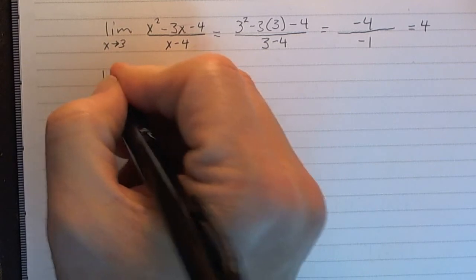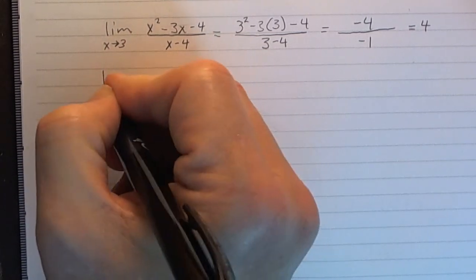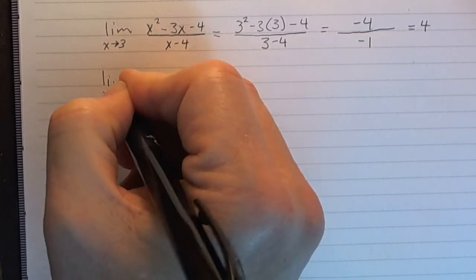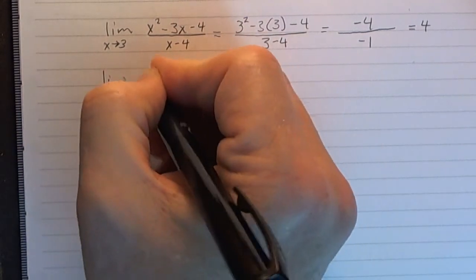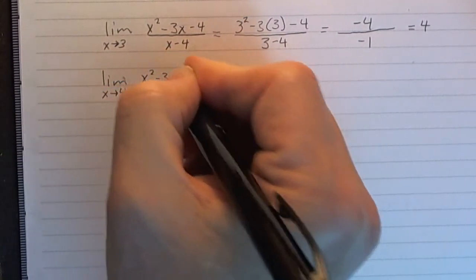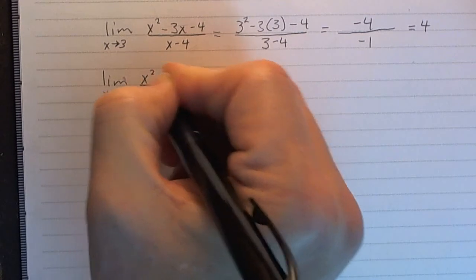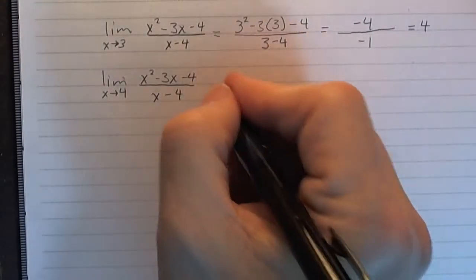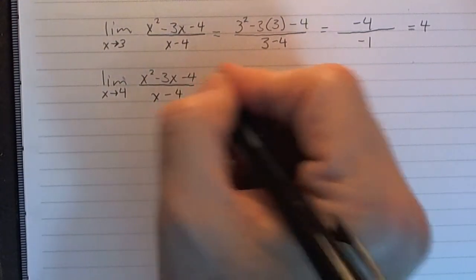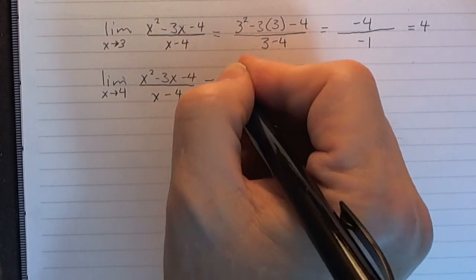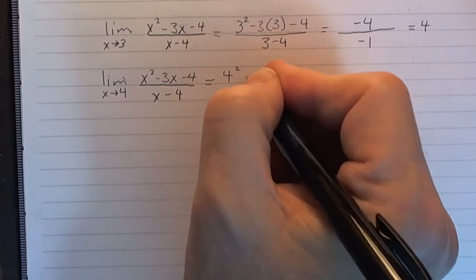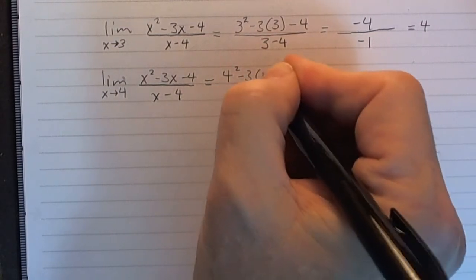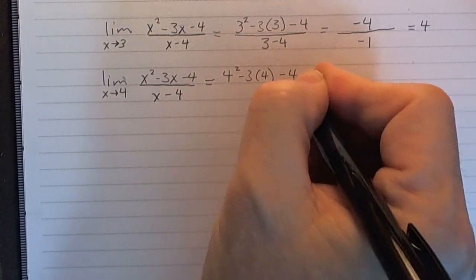Now let's try this same function, but now let the limit be as x goes to 4. So I've got x squared minus 3x minus 4 over x minus 4. Now, if I plug this one in, look what I get. I get 4 squared minus 3 times 4 minus 4.